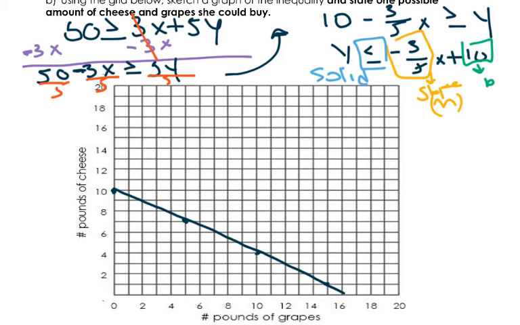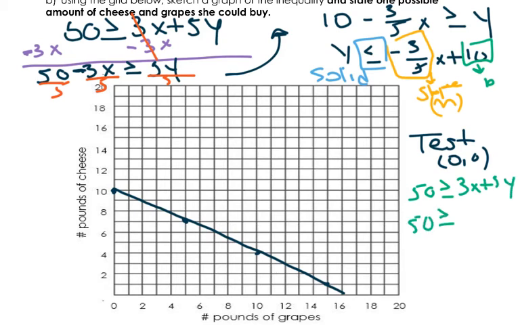And then which way am I going to shade? Well, I need to use my test point, which is (0, 0). I'm going to plug it back into my original inequality that I created. So that's 50 is greater than or equal to 3x plus 5y. I'm going to substitute.